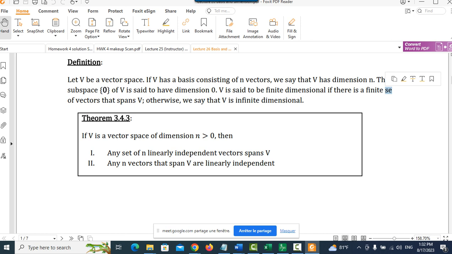Any set of two linearly independent vectors will span V, and any n vectors that span V are also linearly independent. In R2, if I take two vectors that are linearly independent, automatically those two vectors will span the entire R2, and any two vectors that span the entire R2 are linearly independent.